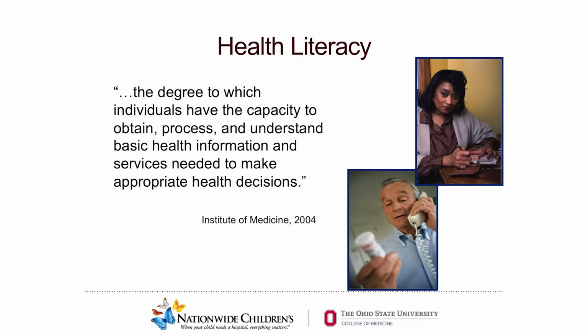Good. Okay, so we aren't going to spend a lot of time talking about the definition and technical terms of health literacy, but I think there are a couple important things that we need as infrastructure. I know that you're all familiar with this definition of health literacy as the degree to which individuals have the capacity to obtain, process, understand, and use health information and services to make health decisions.